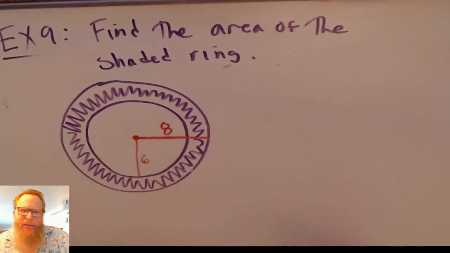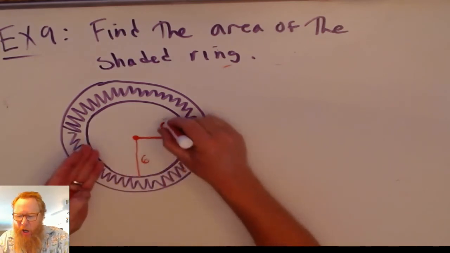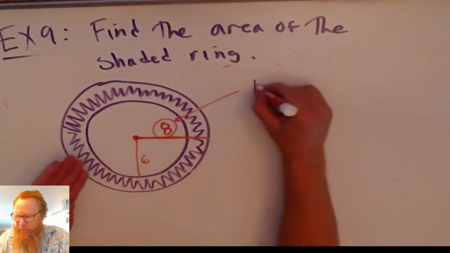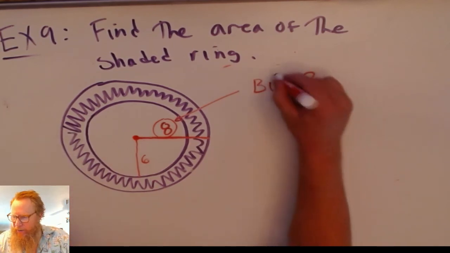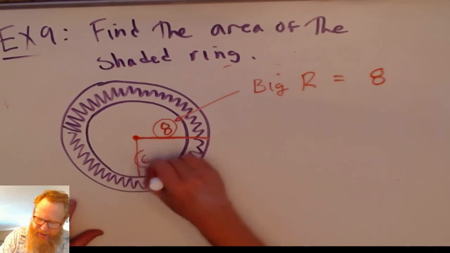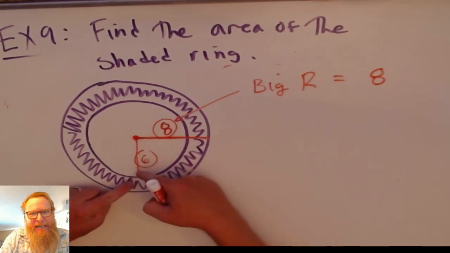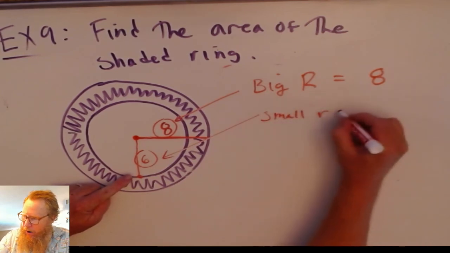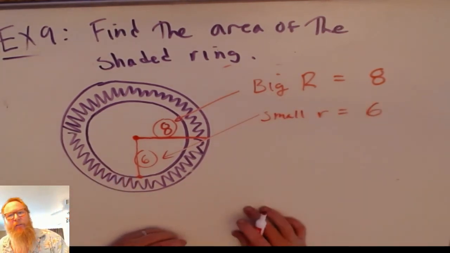Just, again, use a little bit of common sense. The larger one goes to the outside. So we call this big R, and it is 8. And the smaller one goes to the inside ring. We typically call that one small r, and that's 6.